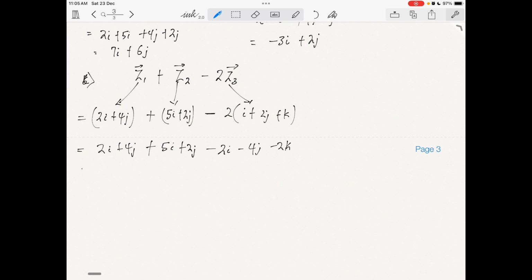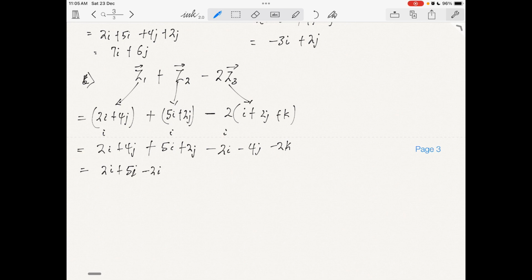So with respect to that, we can bring the i together. So this gives me 2i plus 5i minus 2i.